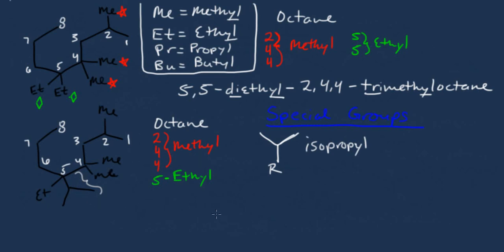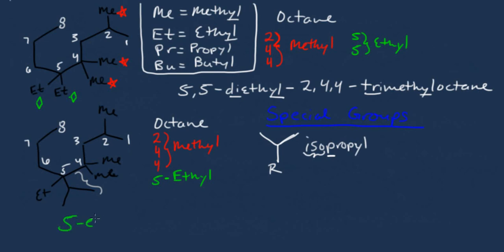So let's go ahead and name our molecule before I start listing the other special groups. It's on the 5 carbon, and whenever we are naming some of these special groups, we don't consider this sort of prefix, we only consider the p in naming the groups alphabetically. And so we see that our ethyl group is still going to come first, so I'm actually going to do this in green.